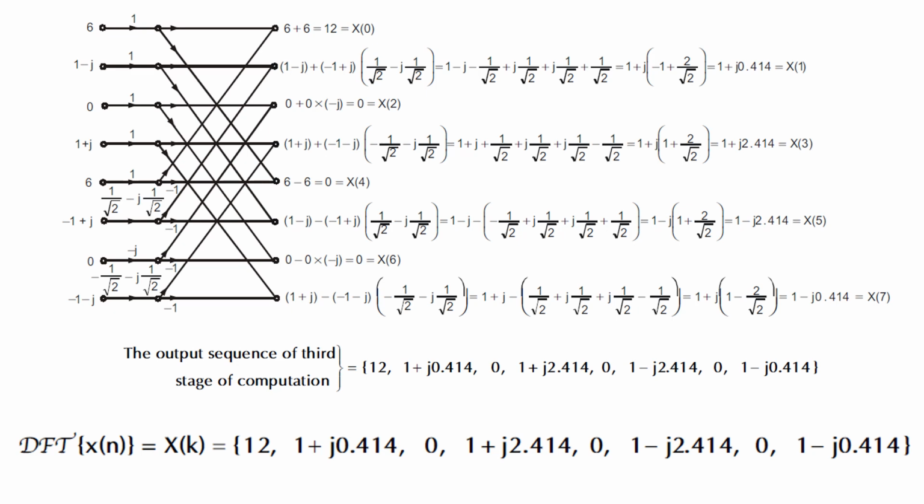We can write it as x of k, which is the DFT notation. So x of k is equal to 12 comma 1 plus j 0.414, 0 comma 1 plus j 2.414 comma 0, 1 minus j 2.414 comma 0, 1 minus j 0.414. So this is the output of the given x of n.